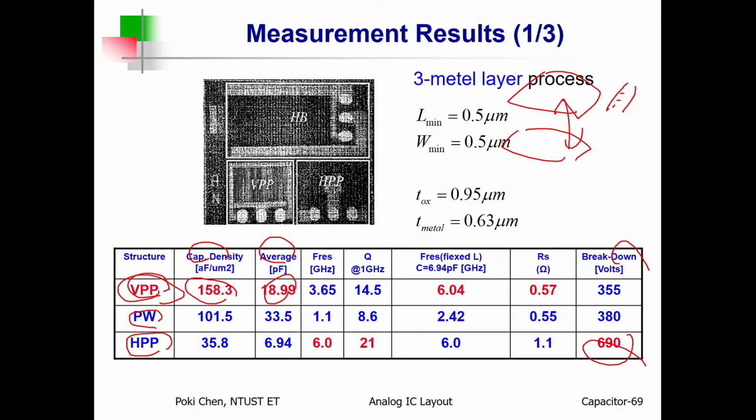I explained already. So the larger spacing means the more you can tolerate for such kind of breakdown voltage. But it is good, but also bad. Because the spacing is larger, it means they can generate much less capacitance per area, right?